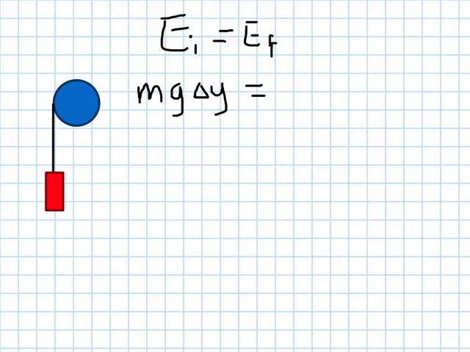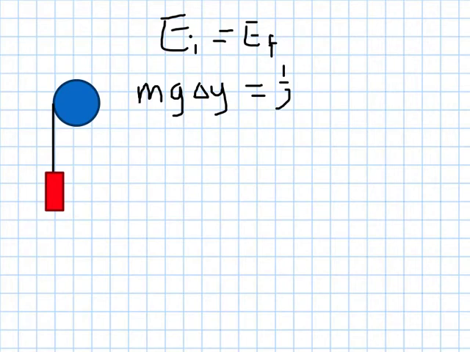So as the mass falls, this initial gravitational potential energy is going to be converted into kinetic energy. But here we have to be careful. It goes two places. The gravitational potential energy goes into the falling kinetic energy of the hanging mass.